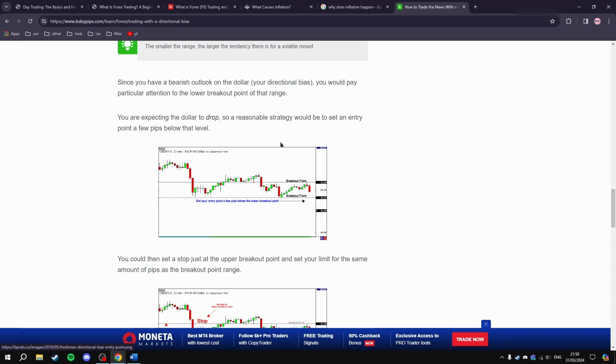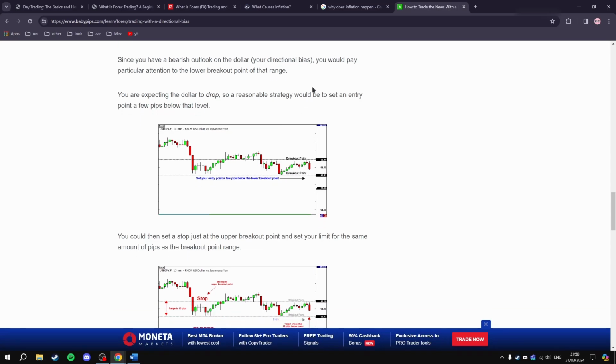Since you have a bearish outlook on the dollar, your directional bias, you would pay particular attention to the lower breakout point of that range.